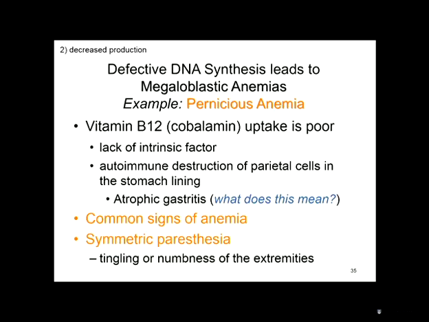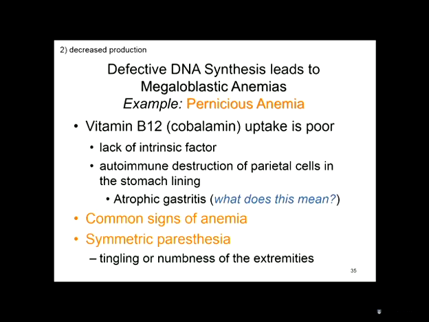But there's an interesting feature that you don't see with other types of anemia that comes with vitamin deficiency, B12 deficiency. It's called symmetric paresthesia. What does symmetric mean? Both sides, right. Paresthesia, altered sensation, right? So in this case, it presents as tingling or numbness. And it's going to be pretty much in the extremities.